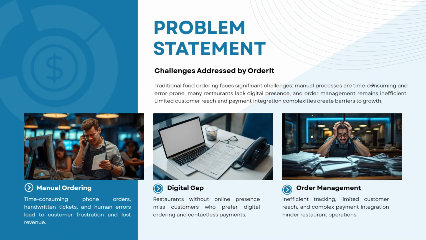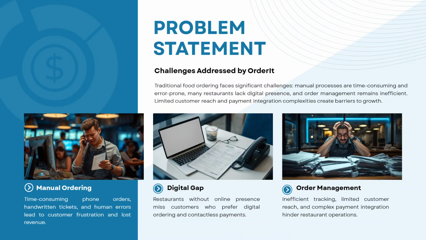Coming to problem statement, the main problem addressed by this project is the inefficiency of traditional food ordering systems. In many cases, food ordering is still done manually through phone calls or in-person visits. The process is time consuming and often leads to errors in order handling.